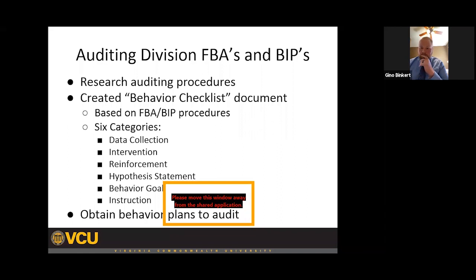So when we looked at this goal of auditing, we thought as a team we needed a uniform process to conduct this, so that someone off the street could come in and understand our process and do it in terms of replication, and really take the lead and go through it as they could. So using similar questions and key foundational pillars of behavior plans, we created a behavior checklist.